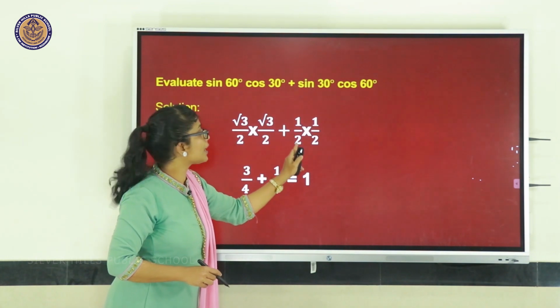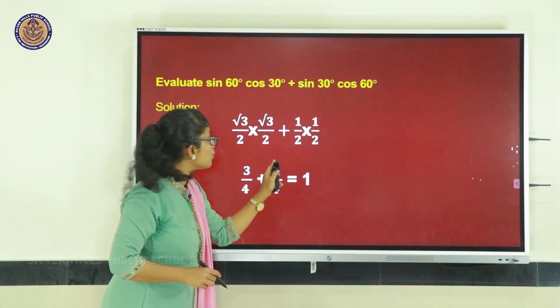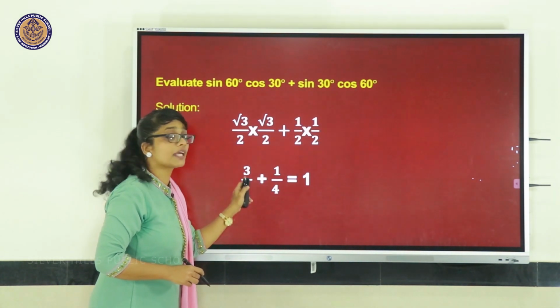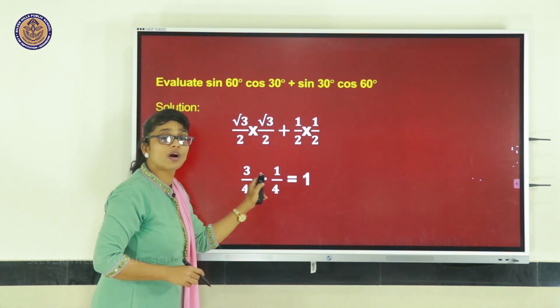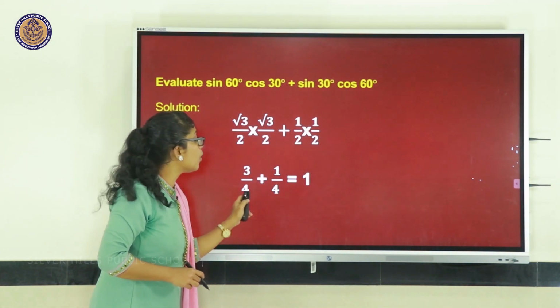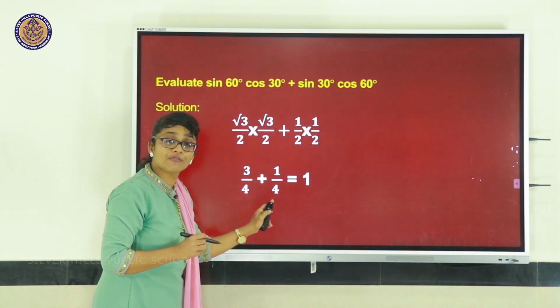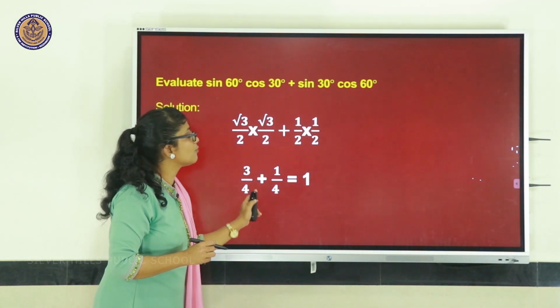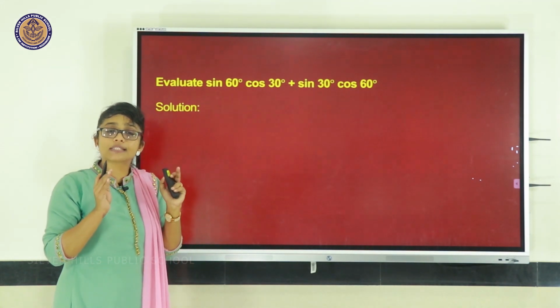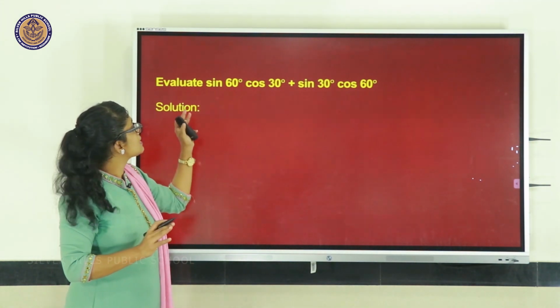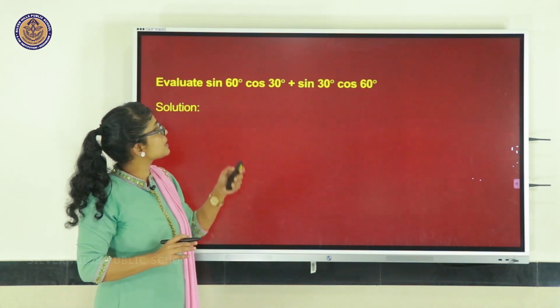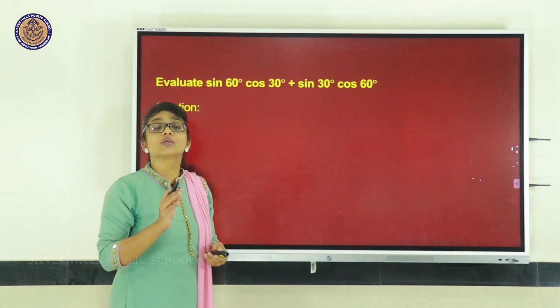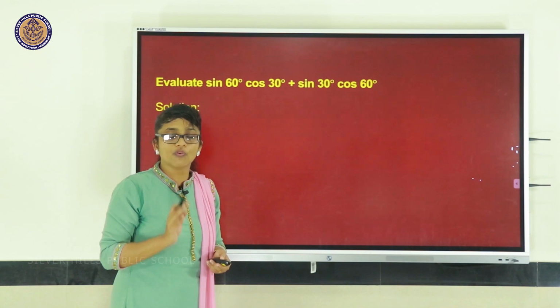And 1 by 2 into 1 by 2, that is 1 by 4. Then 3 plus 1 is equal to 4. 4 by 4. It is like a fraction, so we can easily add 3 plus 1, 4. 4 by 4 is equal to 1. Sin 60 into cos 30 plus sin 30 into cos 60 equal to 1.